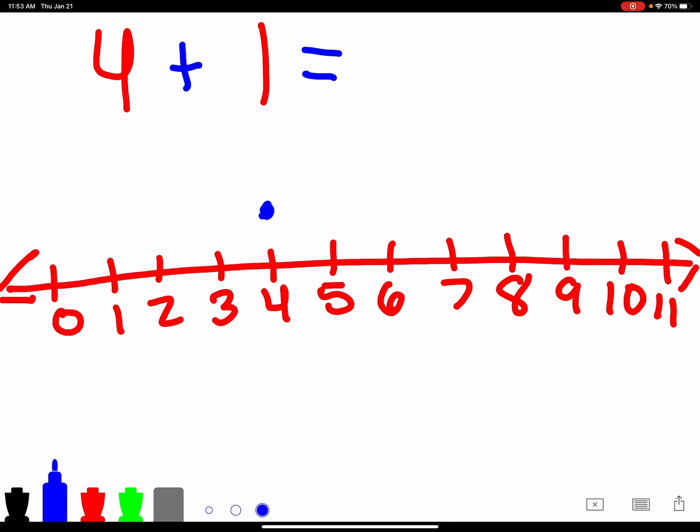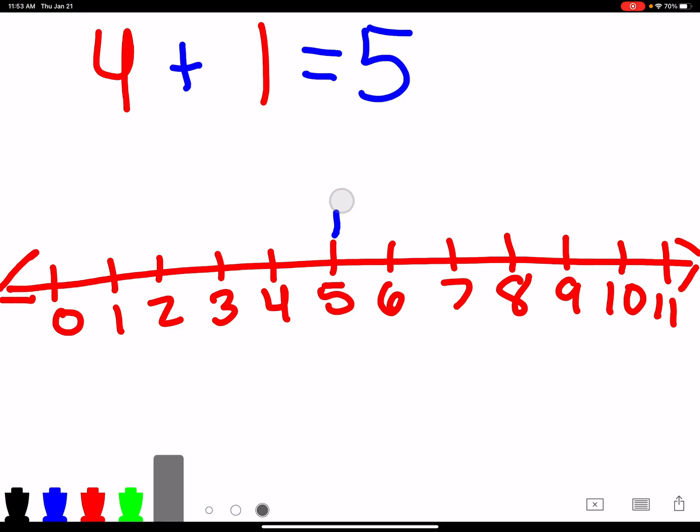So we got the answer 5. Okay, 4 plus 1 is 5, which is correct, because if we use our dots method and count up the total number of dots we have, we will get 5 dots.